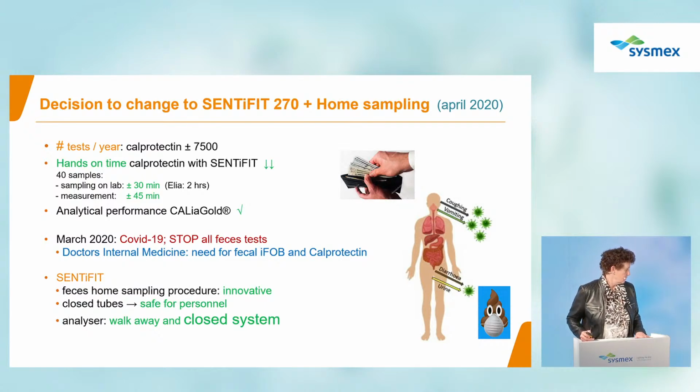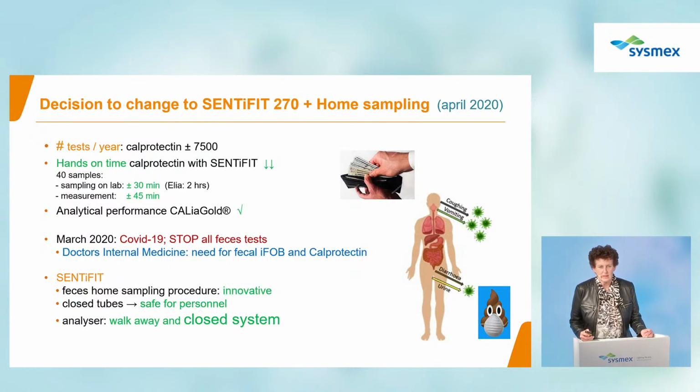And in March 2020, we said, well, before we could go over to the home sampling procedure, we have to perform a study which measures lab performance, stool sampling by lab personnel and stool sampling by a patient at home, and look at the difference between the two results.